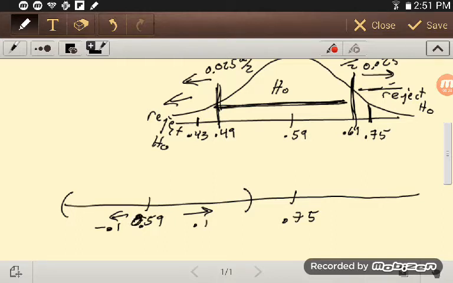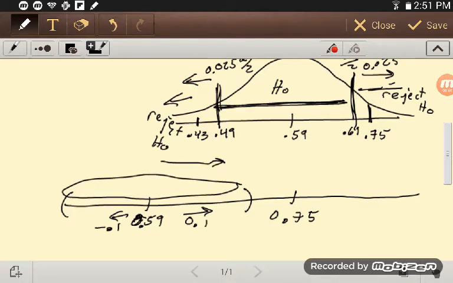Let's see, that was a 0.59. So, put zeros on the front of that. Okay, now, what we do in a confidence interval is we just shift our focus and we take this thing and we just move it over to where it's centered on the 0.75.